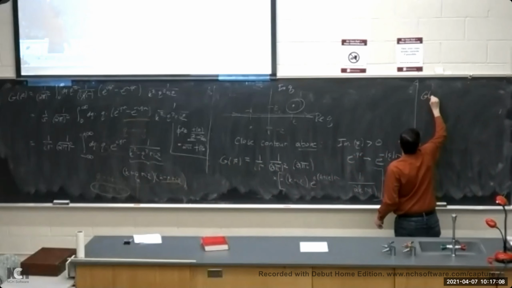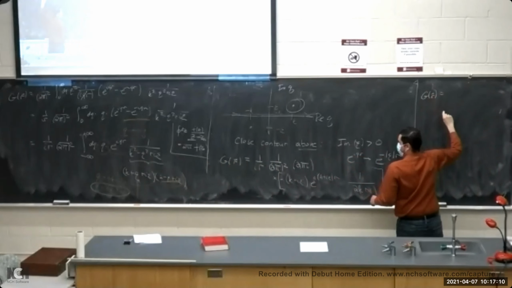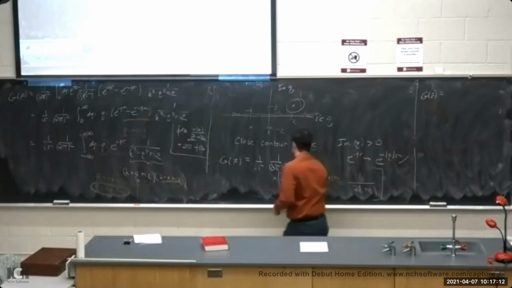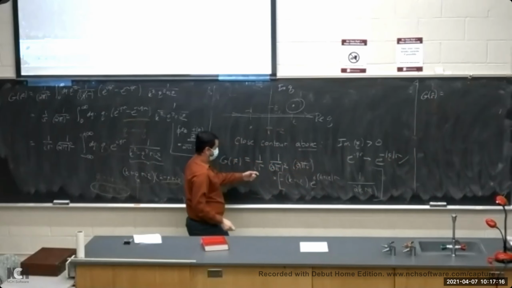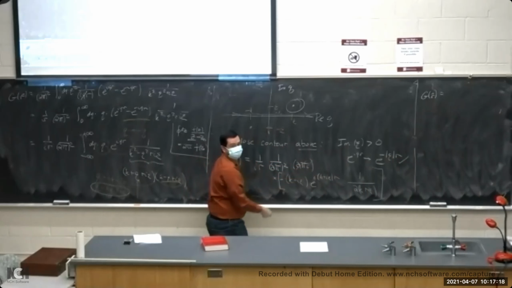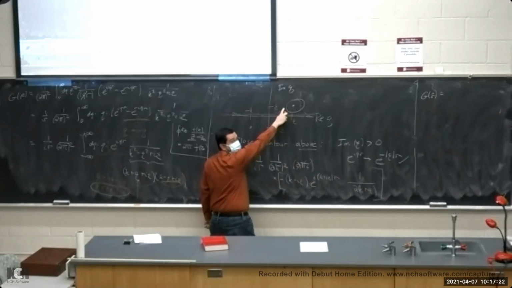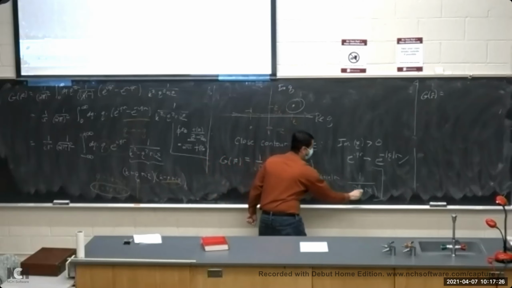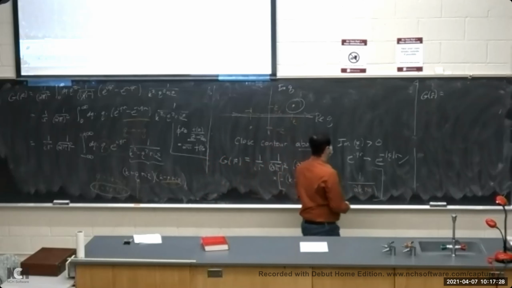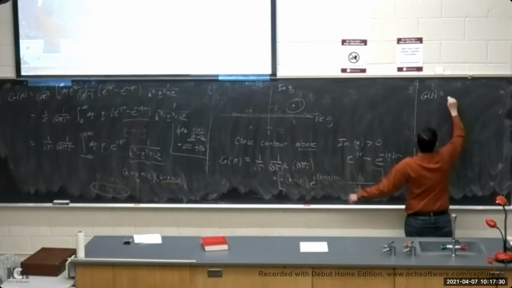Okay, finally, we plug it all back in. The 2 pi cancels one of the 2 pi's, the i cancels, I have 1 over r, and now I can safely take epsilon to 0. All I needed it for was to know where the poles were so I could complete the contour. Now I can put epsilon to 0 and forget about it. So I have 1 over 2 pi r from the prefactor.